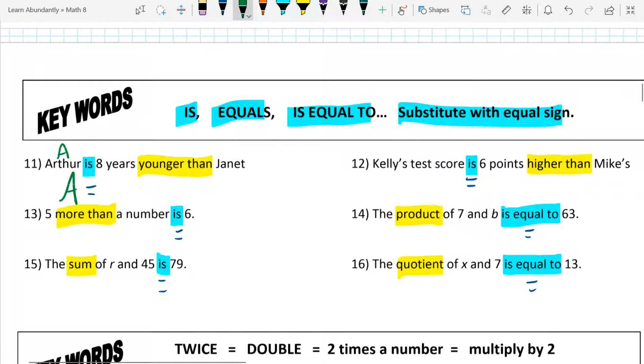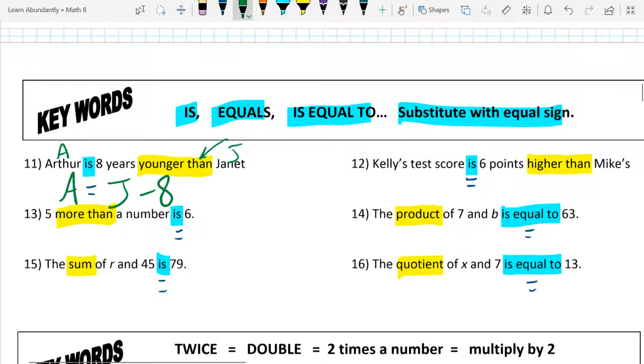Anytime we have the word than, it means we want to switch the order. So instead of saying 8 minus, I'm actually going to say J minus 8. So this says Arthur is Janet minus 8 years. Okay, so in this case, we have Arthur and we've got Janet. So we've got two variables.